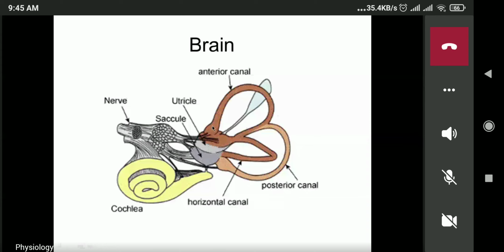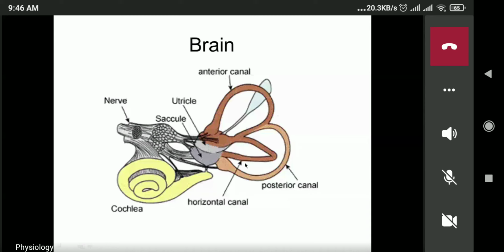And always remember that these three semicircular canals are at 90-degree angles to each other. So you are all sitting in a room, see the corner of the room. In the corner you will get one wall, one side, another wall, another side, and a floor. So three surfaces are there, and all three surfaces are at 90-degree angles to each other: the floor, one wall, and another wall.